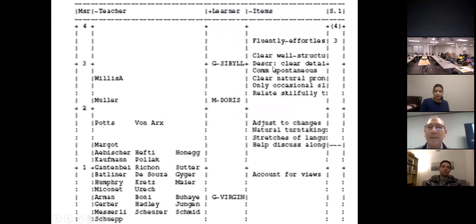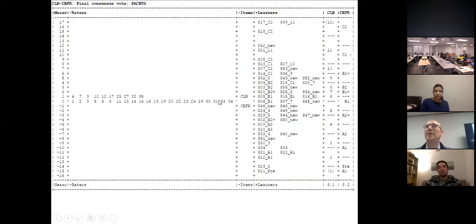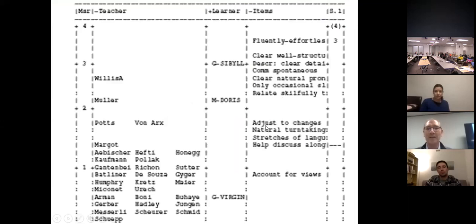She can give clear, detailed descriptions. She can communicate spontaneously, and she has a pretty clear natural pronunciation. And she only occasionally makes slips and mistakes. Whereas Doris can't do any of that yet. Doris is just below that. But Doris is fine with, she can adjust to changes in conversation, she has no problem, etc., etc.